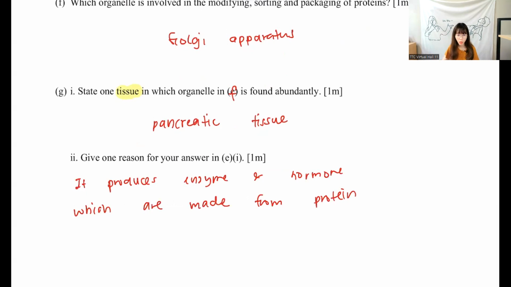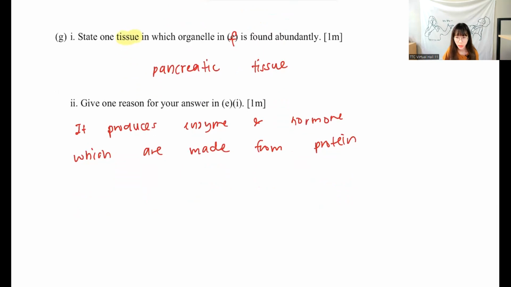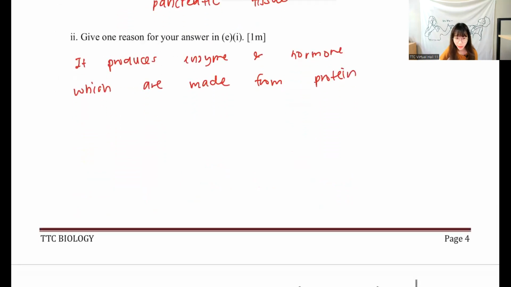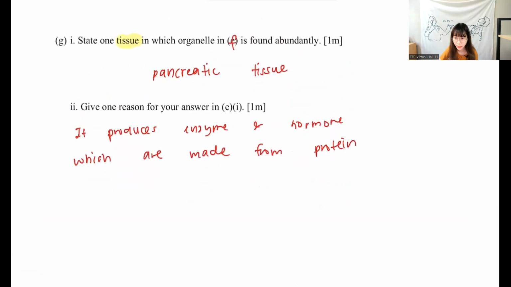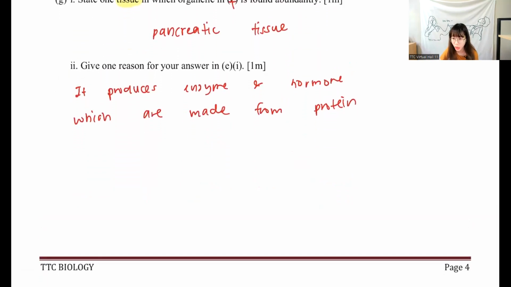Okay, done with this page? Anyone has questions on page 4? Hormone is made of protein, of course. Hormone, hemoglobin, antibodies, enzymes, hair, nails, feathers, everything is made of protein.